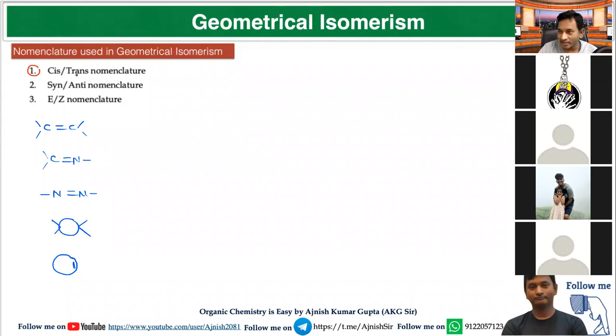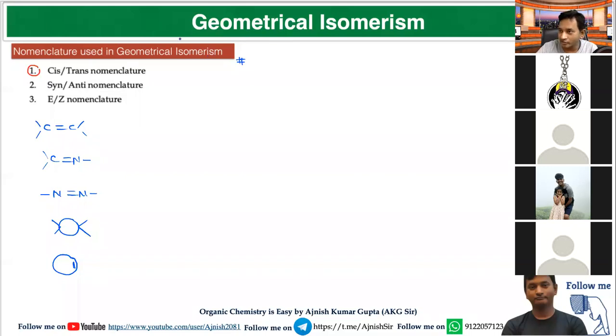Now, cis-trans nomenclature is used for carbon-carbon double bonds, which may be in an open chain or a ring, and cycloalkanes. Is it clear? Yes, sir. Good. Write it down in your notebook.